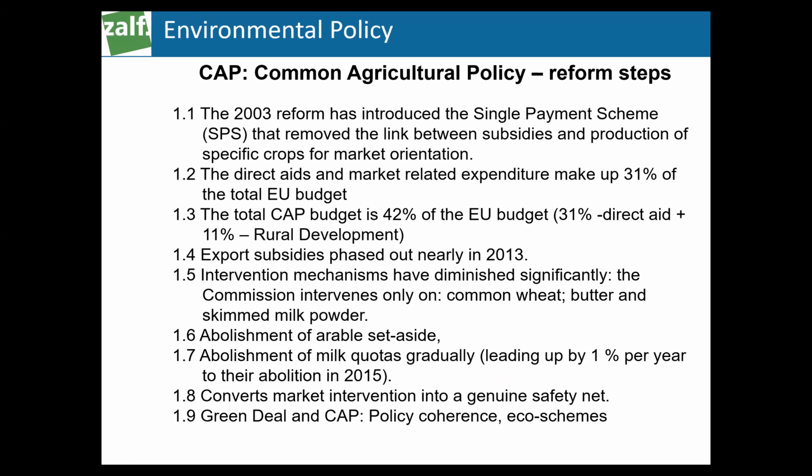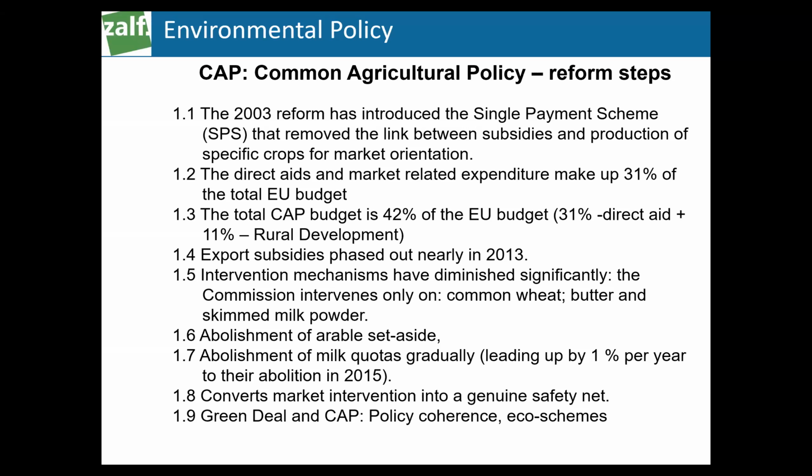If we look at those recent steps, I meant the reference areas, these are the single payment schemes, to transfer this, decoupling involved, the direct aids and market related expenditures make up 31% of the total budget. There was a cut.